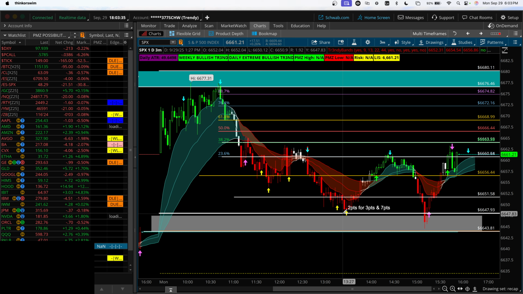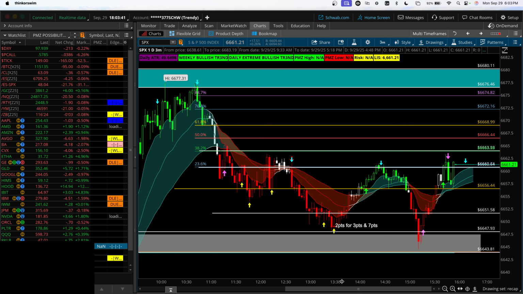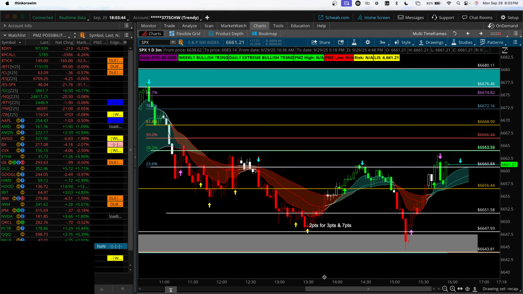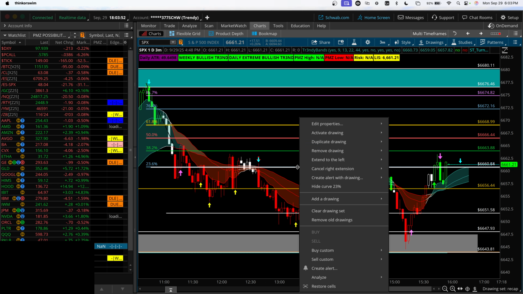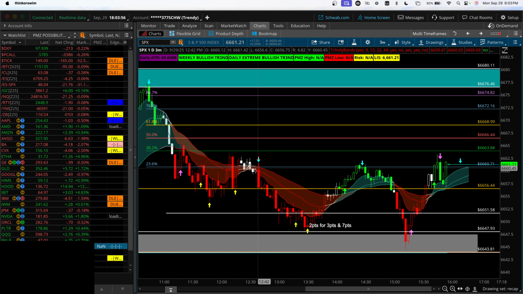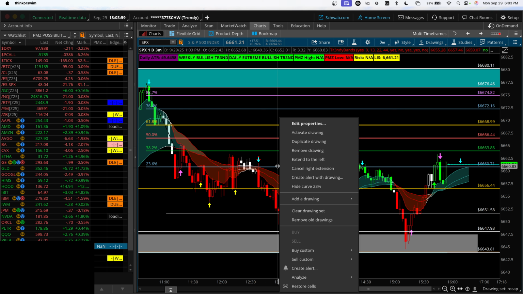Once we got to the 887, which was my target to the downside, I then shifted my focus to play a relief bounce back up to the bear channel. So I'm going to take off these levels here because the bear channel will change as we made lower lows on the day.